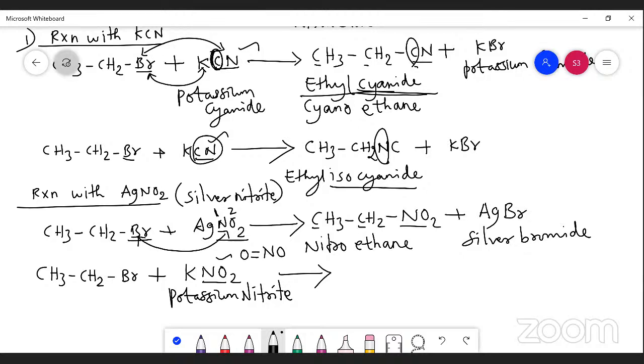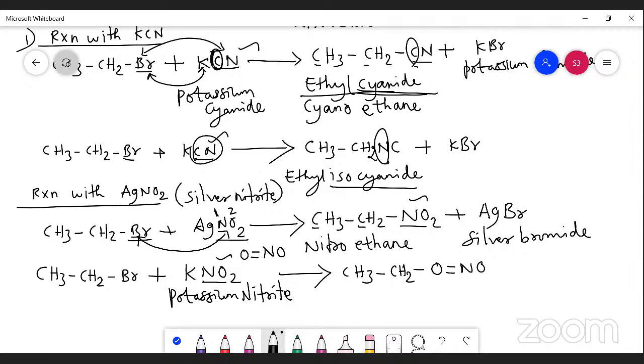So the next product is CH3CH2, and in the first reaction I added the nitrogen atom. In the second reaction, I link the oxygen: O double bond N-O.